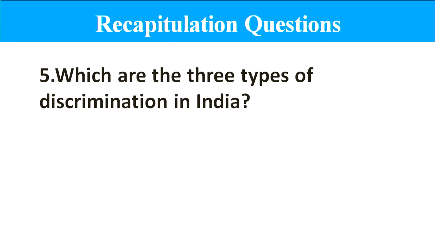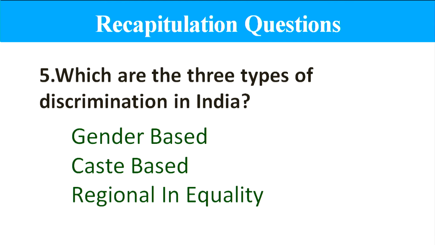I hope you know this answer. Yes, the caste-based discrimination, gender-based discrimination and regional inequality. These are the three important types of discrimination in our country. I think you understood, children.